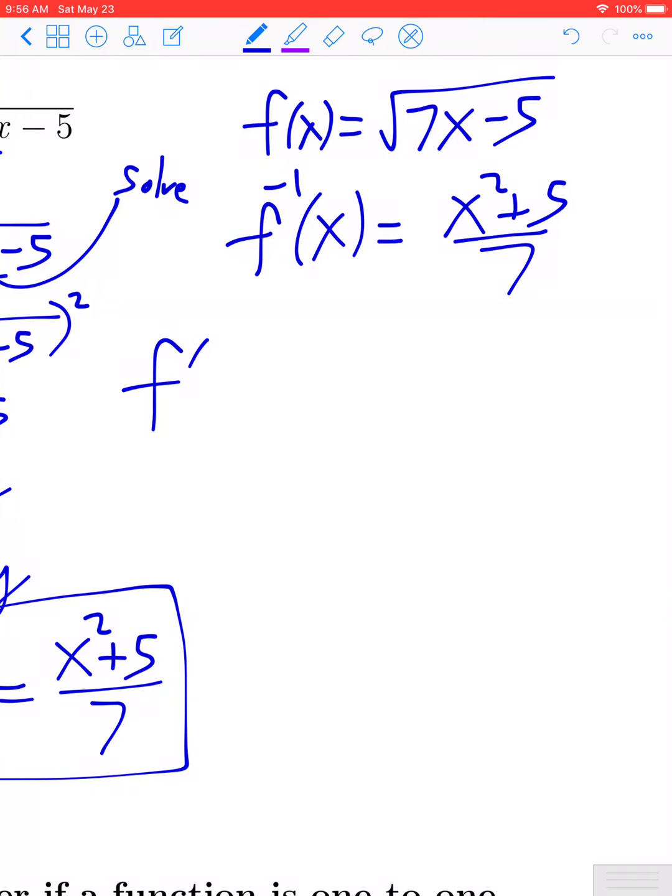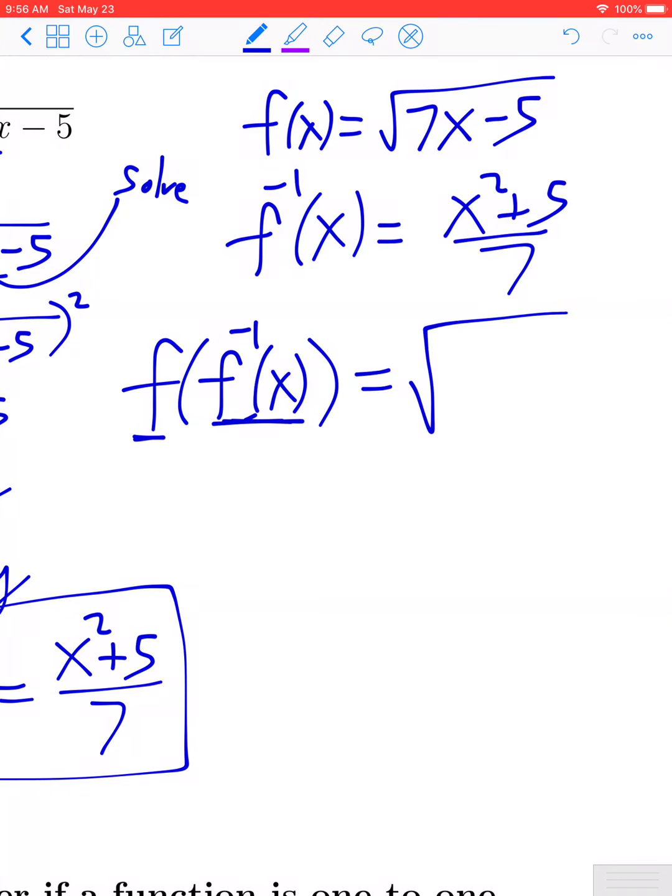Let's look at this composition first. We'll do f of f inverse of x. My inner function is f inverse, and I'm plugging that into f. So I'm just going to write out the statement form for f. F looks like this. It's 7 times input minus 5, and then take the square root. Well, what I'm plugging in is going to be x squared plus 5 over 7.